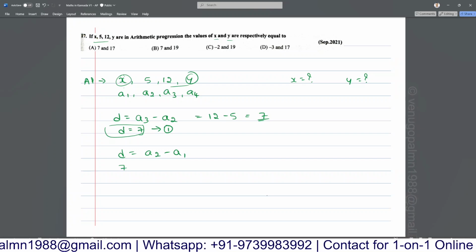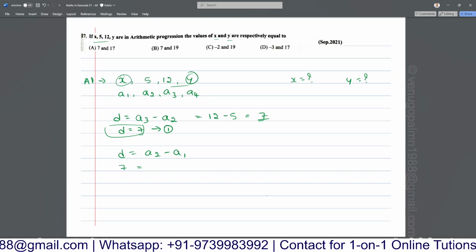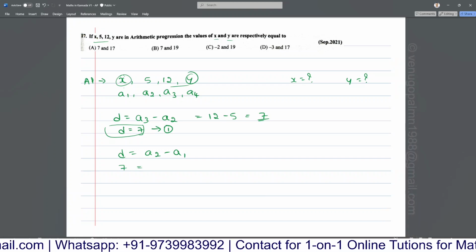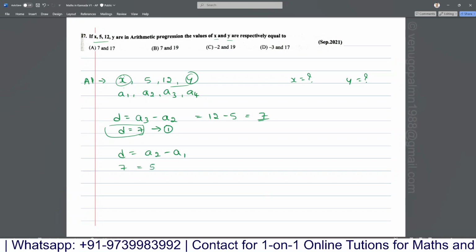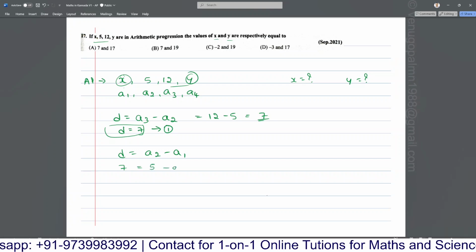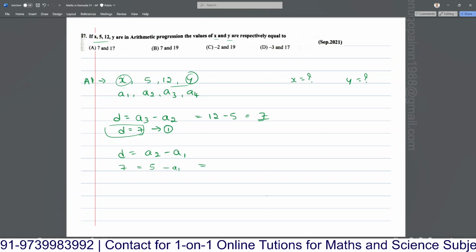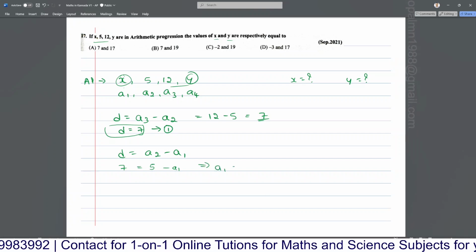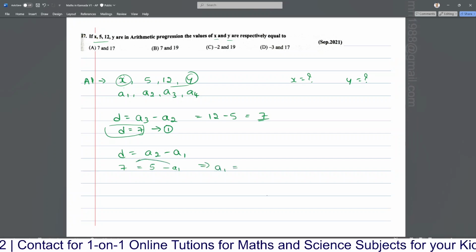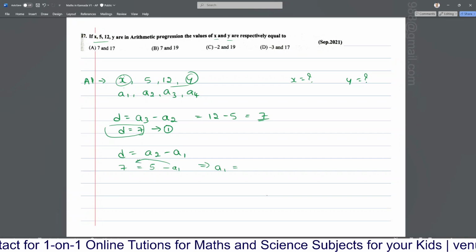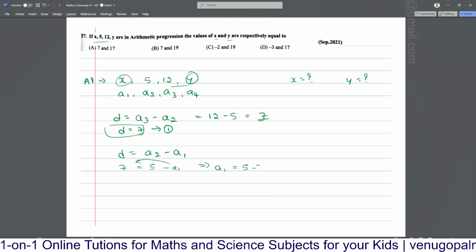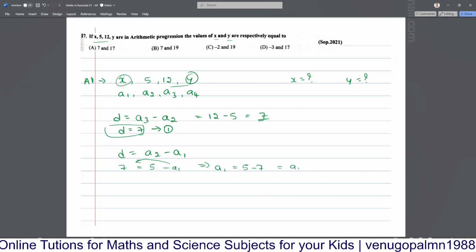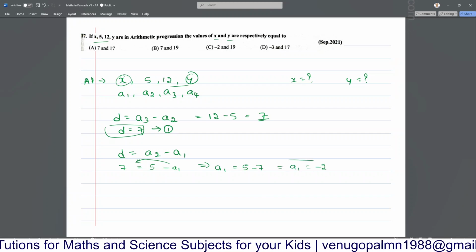From 1, substitute D is equal to 7 in this equation. So a2 we know. What is the value of a2? 5. And a1 we don't know. We have to find it out. So now a1 is equal to, you move a1 to the left side, so a1 is equal to 5 minus 7, which is a1 is equal to minus 2.